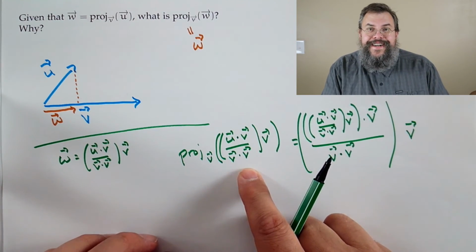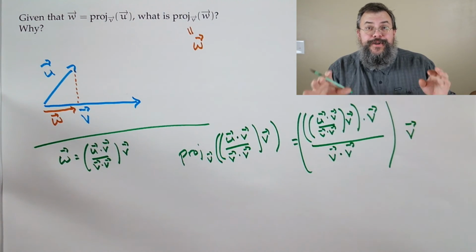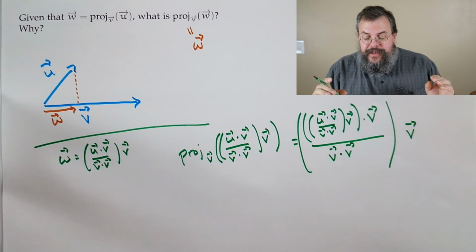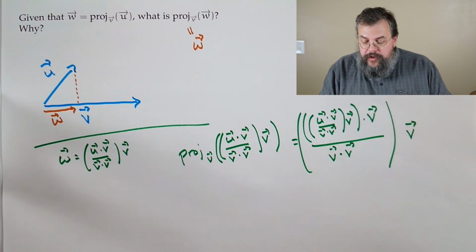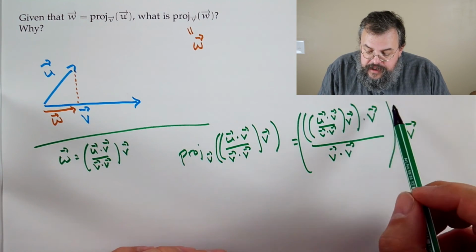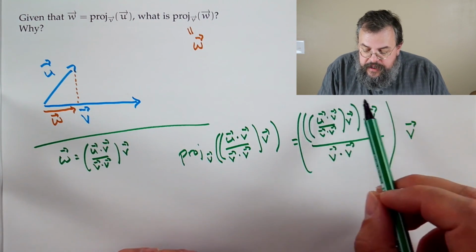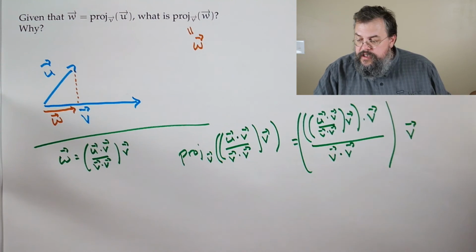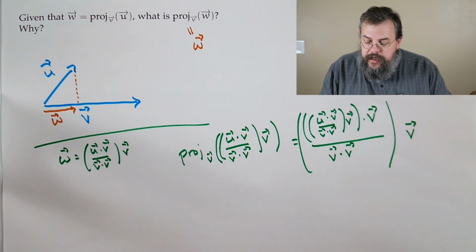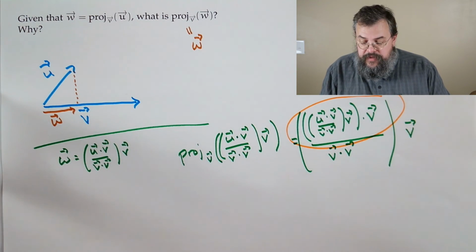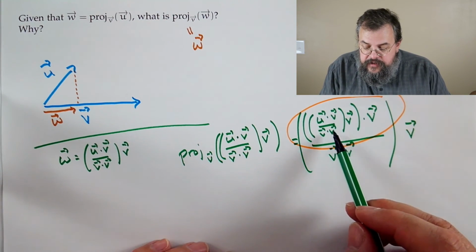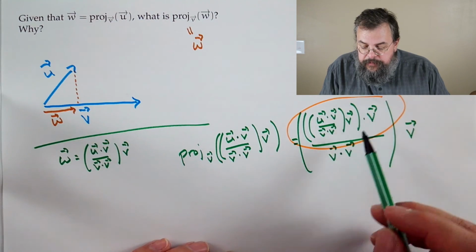Okay, now what should be true? What should be true is things should simplify. So what can we do? Well, actually, the key thing is going to happen in the numerator. If we just keep track of what happens up here, you'll see something really lovely happens. This is a constant, so I have a constant times v dot v.